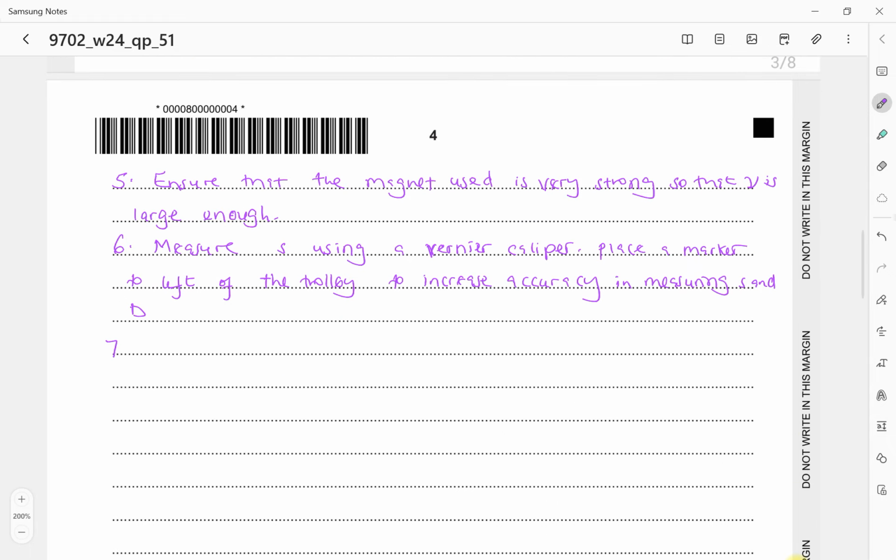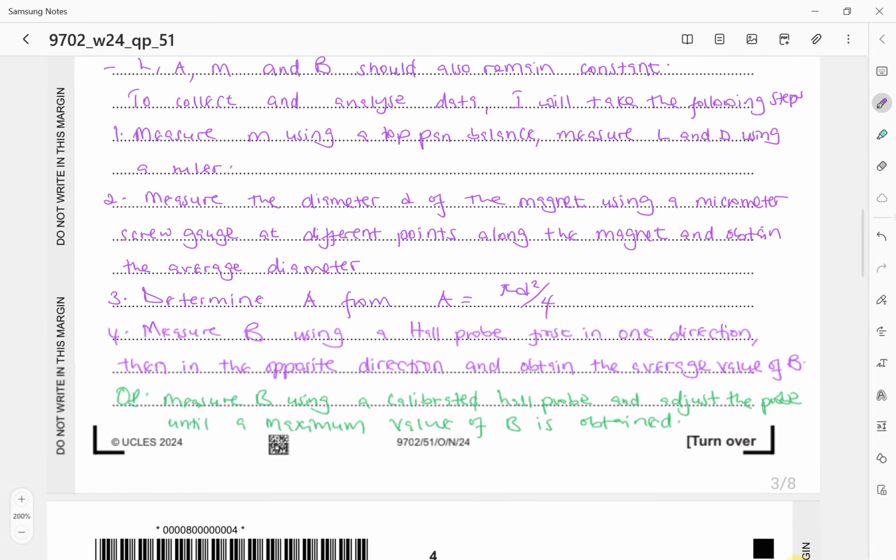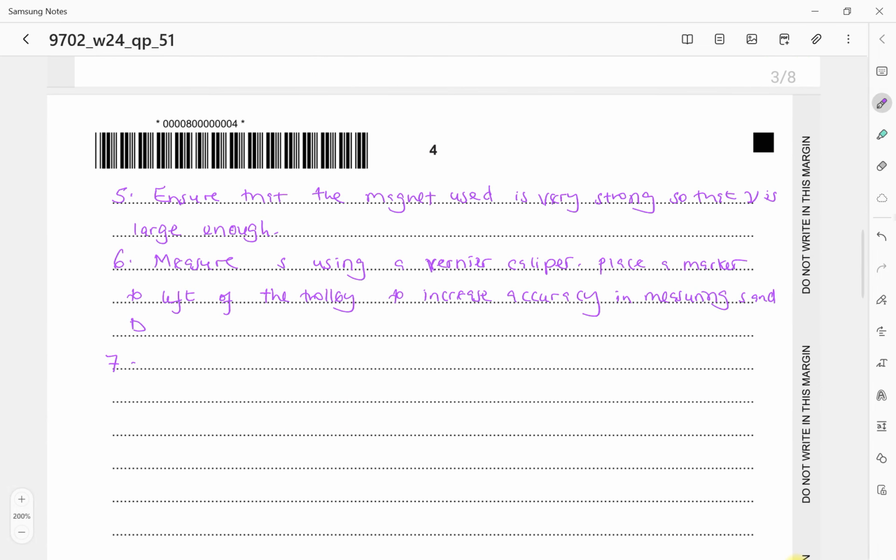Then step number 7. I think I have not measured the length of the card which has been attached to the trolley.